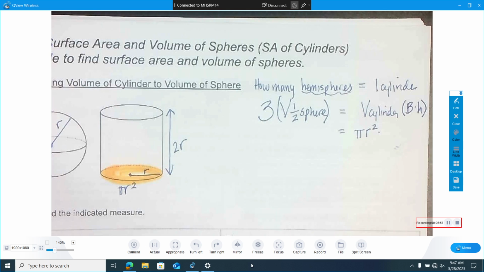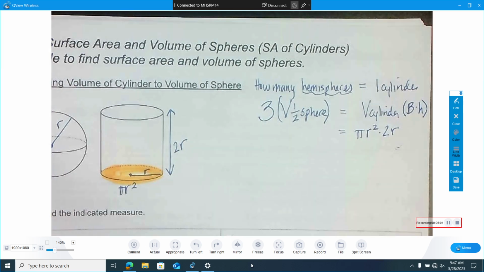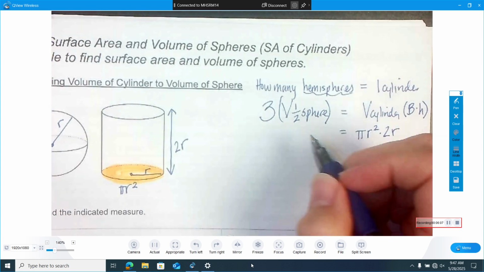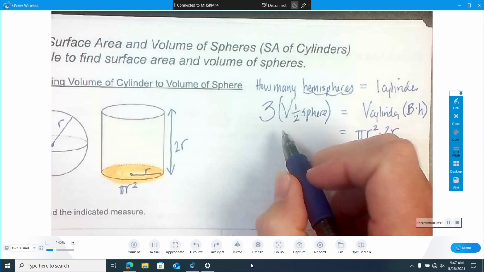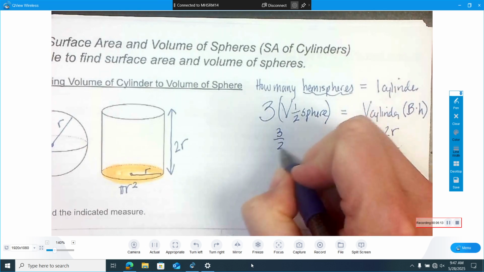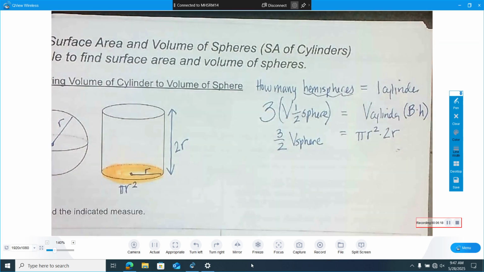What is the height of our cylinder? 2r. Okay, so twice the radius, as I said before. I'm going to clean that up again. So then I have three half spheres. Can I write that as 3 halves of the volume of a sphere? Do you think that's the same thing?